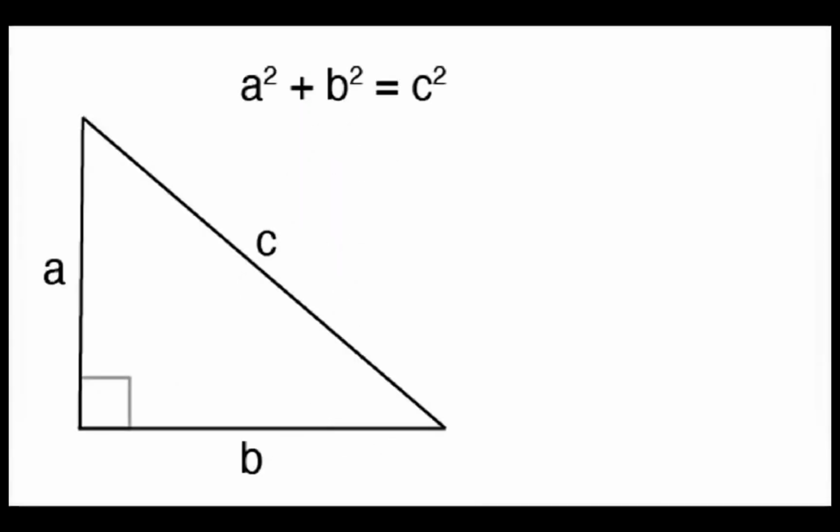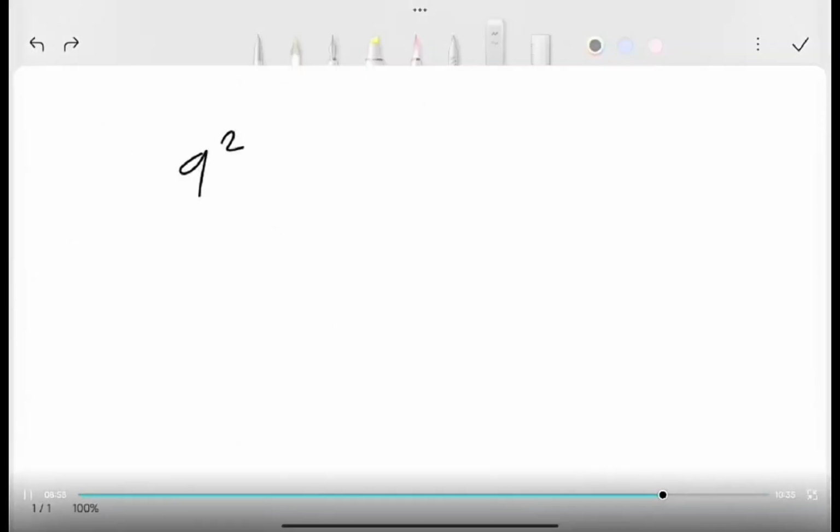So here's the Pythagorean theorem. As you can see, a is the opposite side, b is the adjacent side, and c is the hypotenuse, which is the longest side of the right triangle. Since we're dealing with a missing side, which is the hypotenuse, we're going to use the Pythagorean theorem. In our problem, the opposite side is 9 meters, which is the height of the wall.